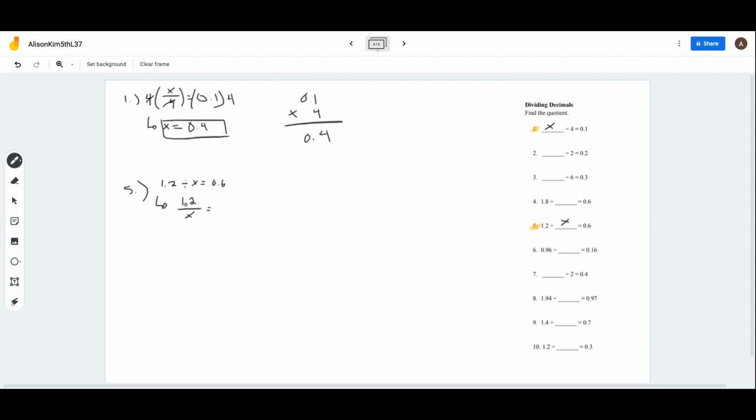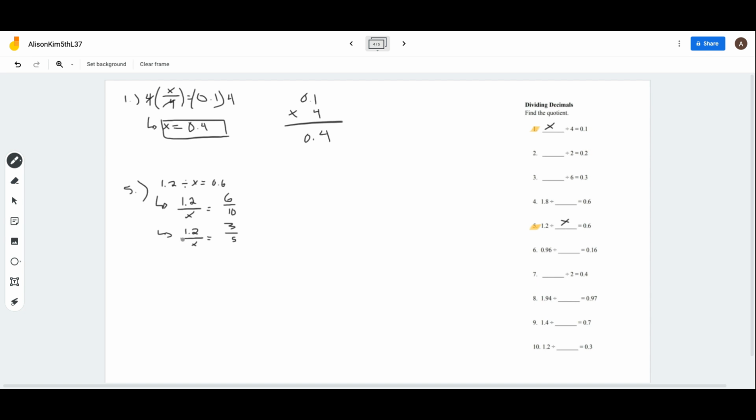However, 0.6, we're going to write in fraction form, so it'll be 6 over 10. However, in order to make this much easier to solve for, we're going to simplify 6 over 10 because 2 can go into both of them. So we're going to leave the left side the same, 1.2 over x. However, our right side turns into 3 over 5.